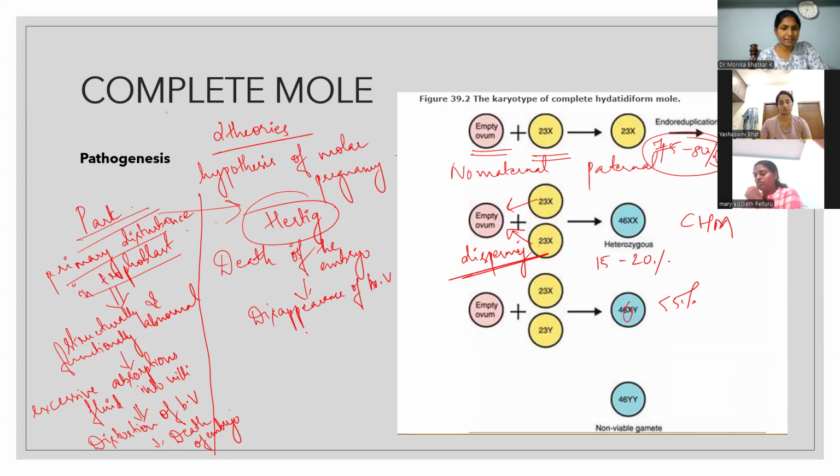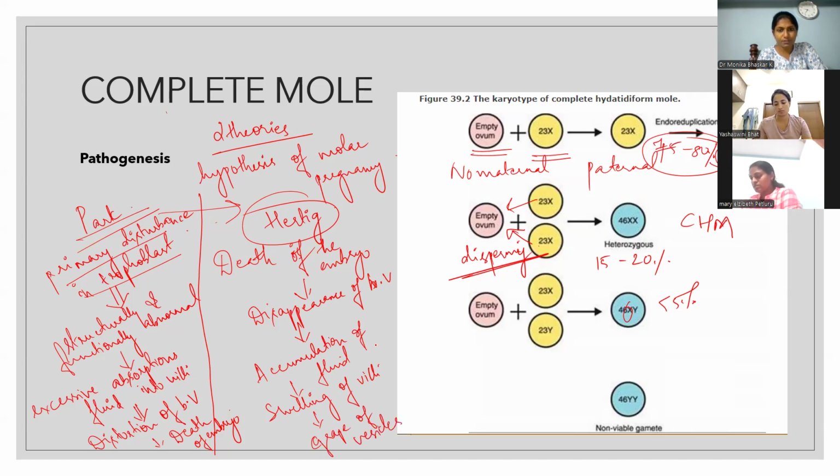Because there is no blood supply, there is accumulation of fluid in the trophoblastic tissue, which causes swelling of the placental villi, which causes the absence of fetal parts and formation of grape-like vesicles.